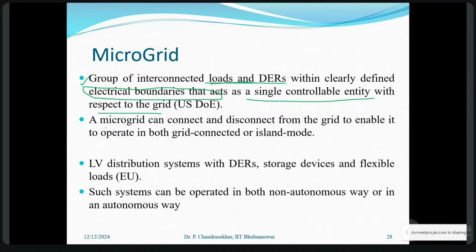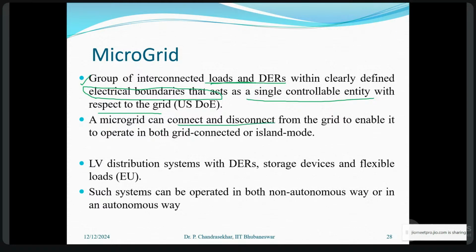Many of us have a misconception that a microgrid is nowhere in the grid and operates as a single entity in islanded or isolated mode. Not necessarily. A microgrid can connect and disconnect.